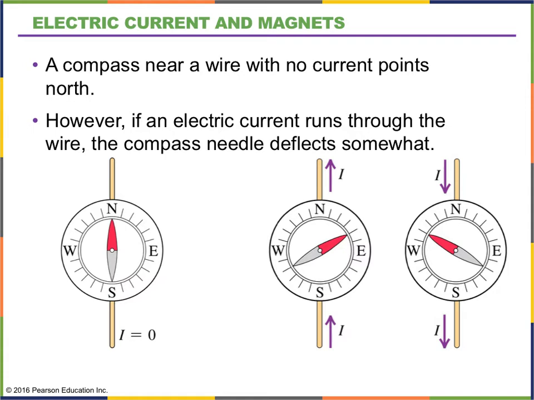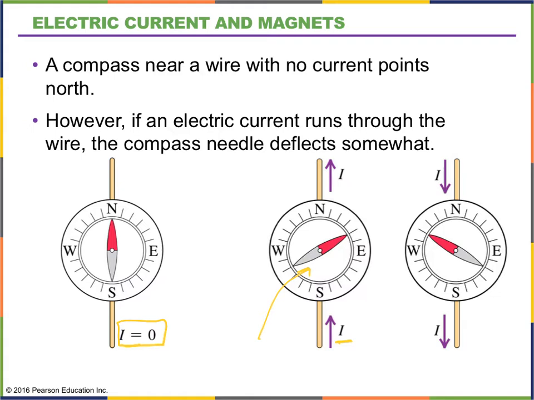And that's what this picture is trying to illustrate. Notice we have a compass and a wire. And initially, the compass is just pointing north as we might expect. That's what compasses are for. But notice also that there is no current in that wire. But when we allow current to flow in the wire, notice that the compass is deflected.